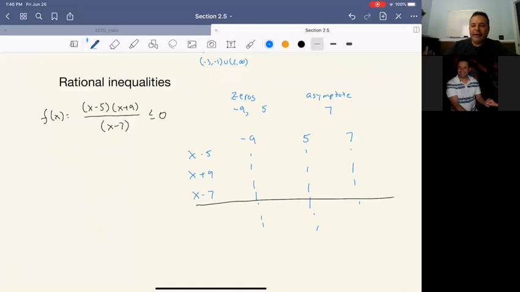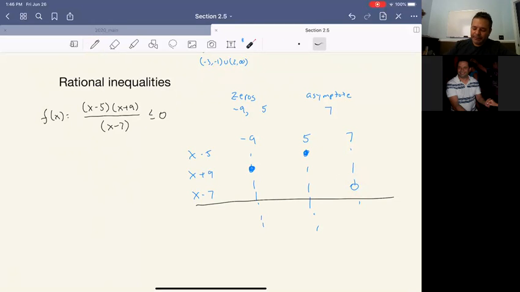Okay, now again, x minus 5 is a 0 at 5. x plus 9 gives us 0 at -9. And then for the asymptote, I'm going to use an open circle. Remember, the open circle reminds me that 7's not allowed. I have to throw it out no matter what.